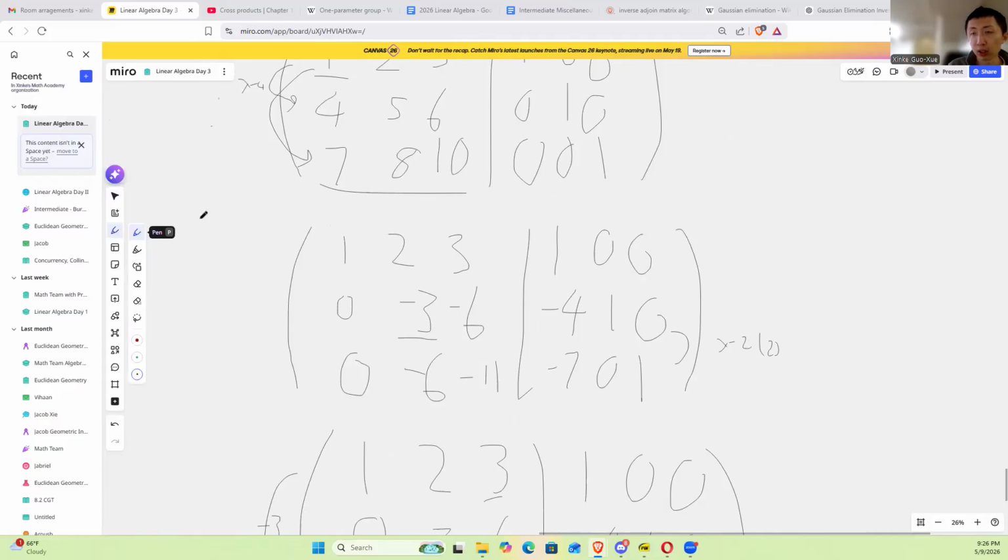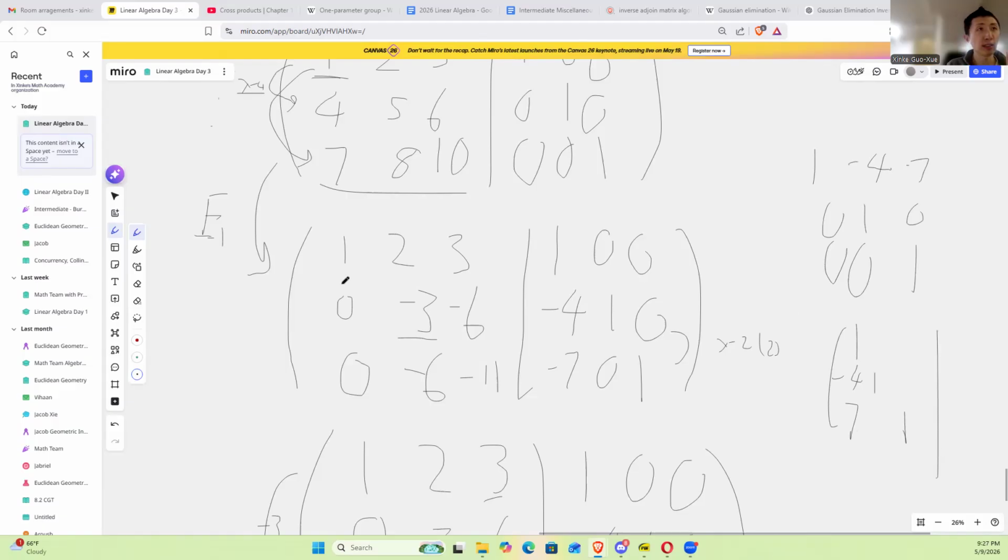For instance, call this operation E1, where I add -4 times the first row to the second row and -7 times the first row to the third row. This can actually be represented by a matrix. It's going to be like 1, maybe -4, 7 or something. It'll either be this or this; I can never remember which one.